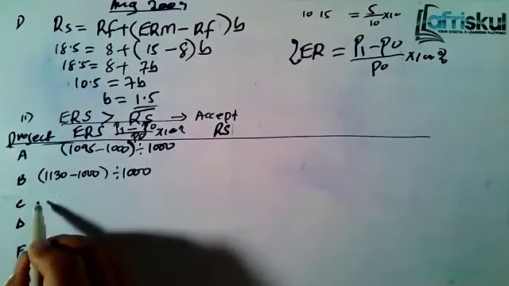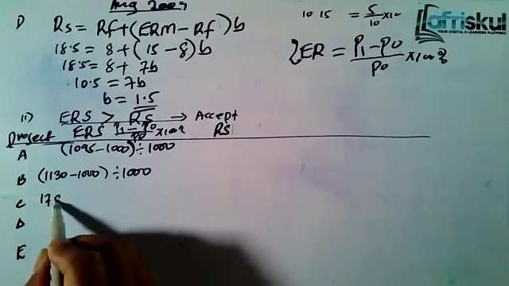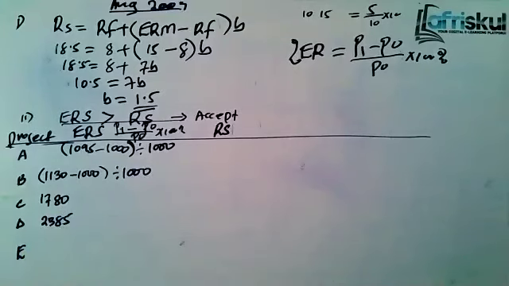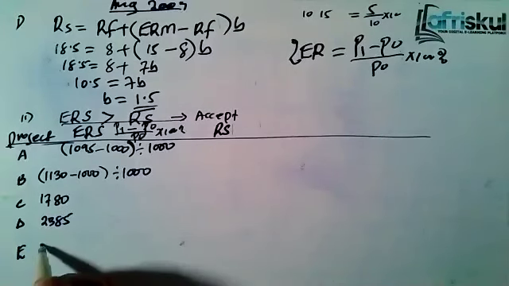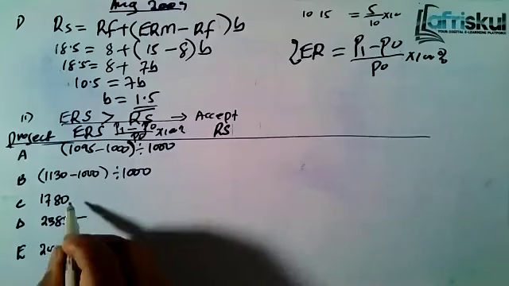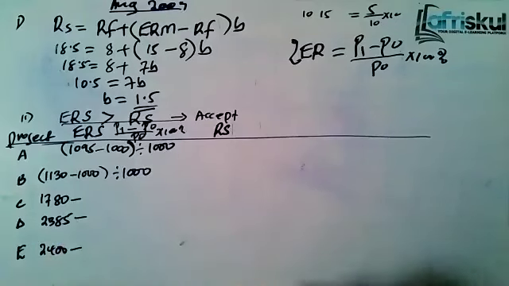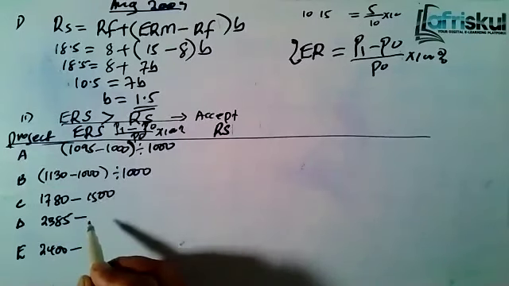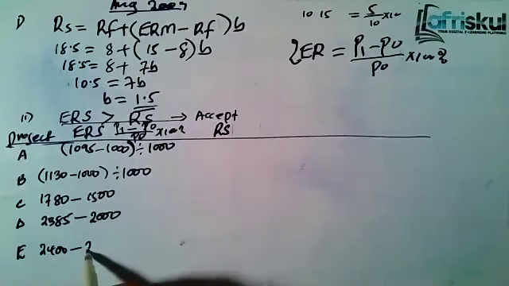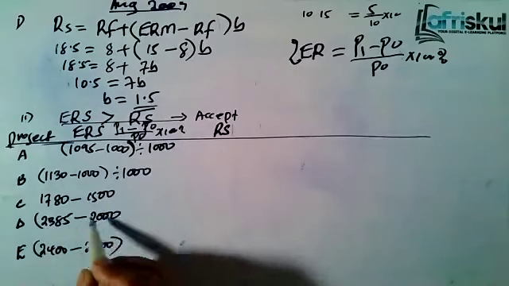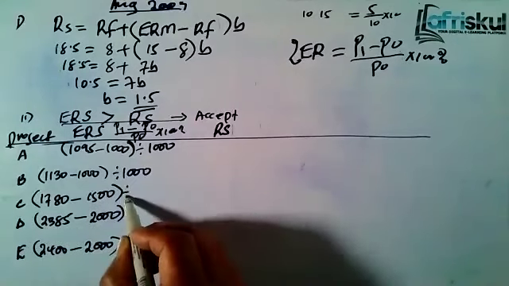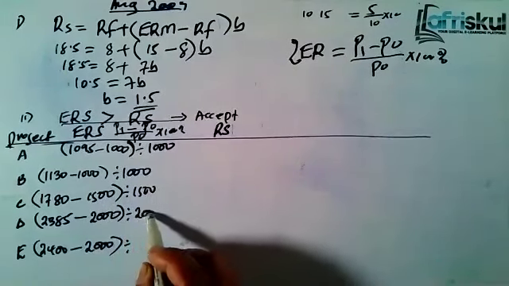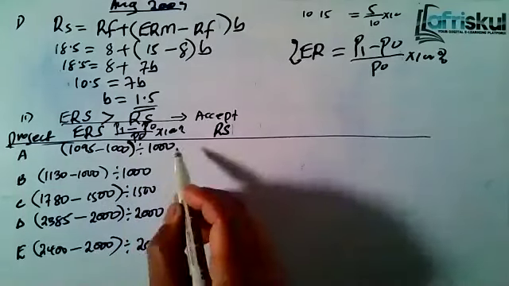Then for C it's 1780, then 2385, and for E it's 24. Then you deduct the P0, the initial outflow. For project C it's 1,500, the other one is 2,000, and the other is 2,000. Then you divide by P0, so here it's 1,500, 2,000, 2,000.